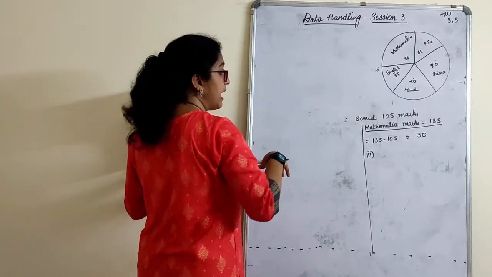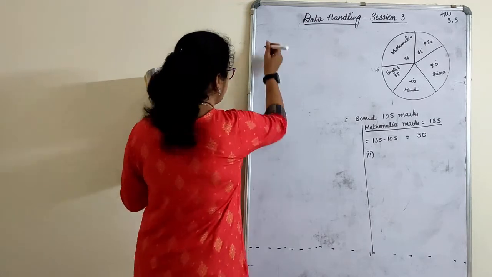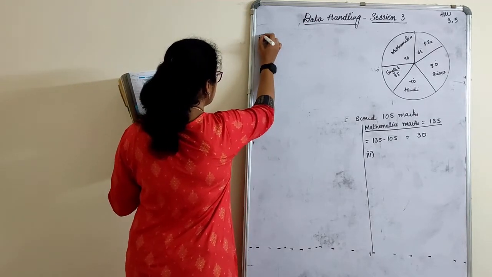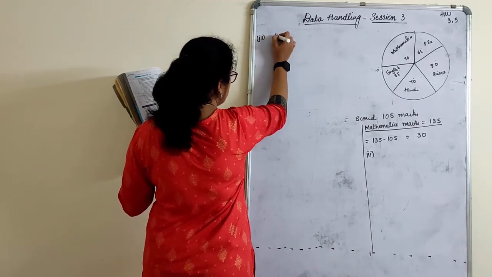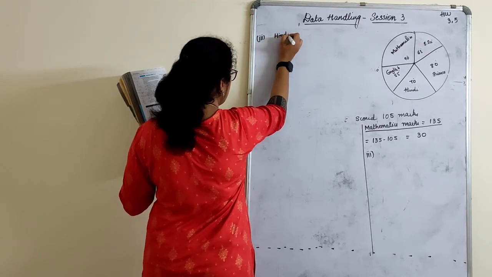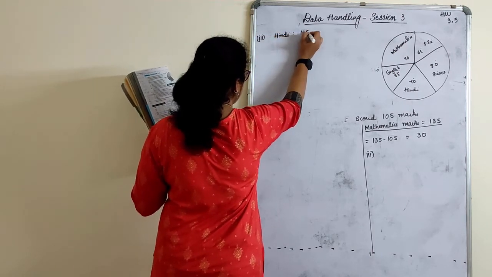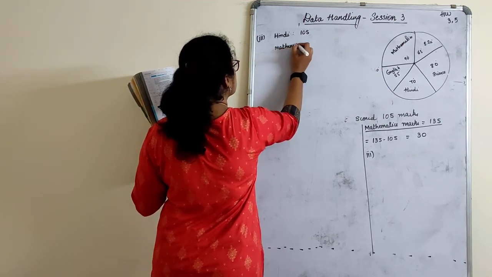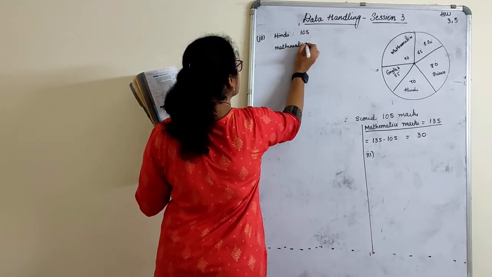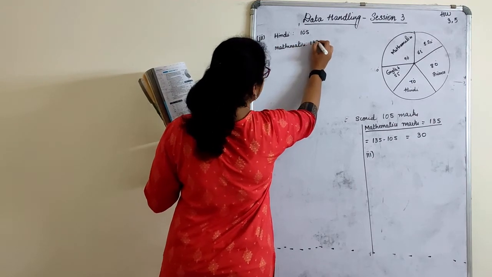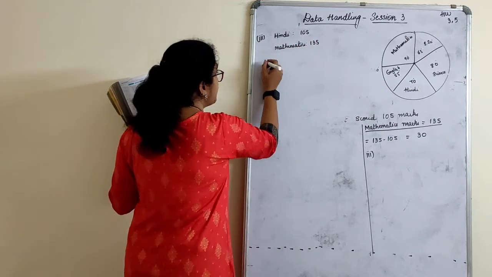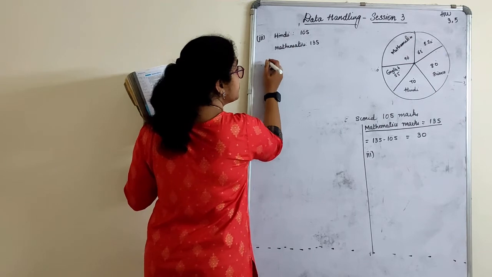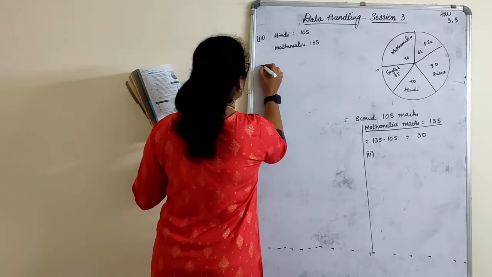What we will do is we'll have a calculation only for the marks now. Third part, where we just write down the marks we know. Hindi, the marks is 105. Mathematics, the marks is 135. Now the marks we have to find first, let's find in social science.